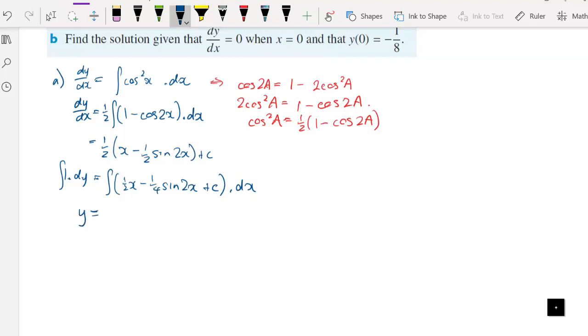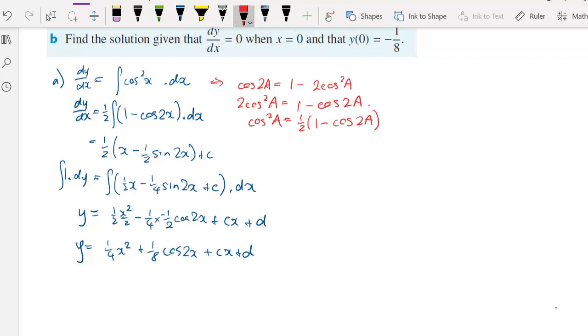So we end up with y is equal to 1/2 x squared on 2, and we have 1/4 multiplied by negative 1/2 cos 2x plus cx plus d. So that means we end up with y is equal to 1/4 x squared plus 1/8 cos 2x plus cx plus d, and there is our general solution for y.